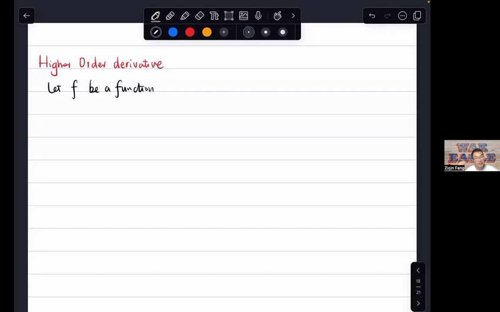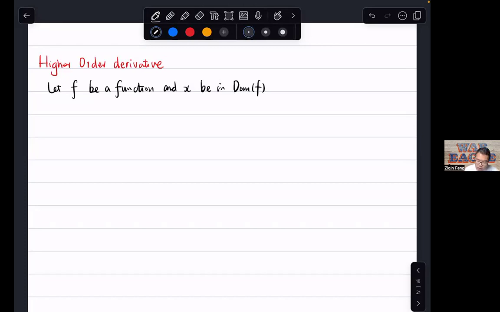For any x, you get some output, which is f of x. And we choose x here to be in the domain of f. So whenever you have something in your domain, you can calculate the limit which gives you the derivative.